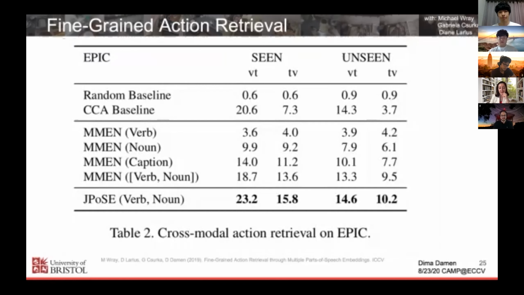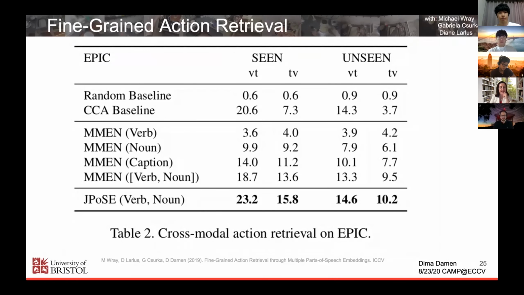Right, this is really achieving a good, decent understanding compared to all other approaches to look at the text, right? So all of these are single embedding spaces that can take the verbs, the nouns, the full caption, any combination. And this is the representation that has these projections before they are being combined.